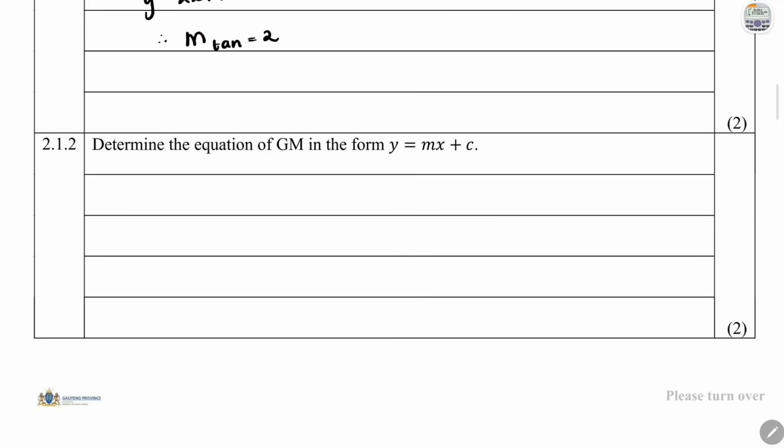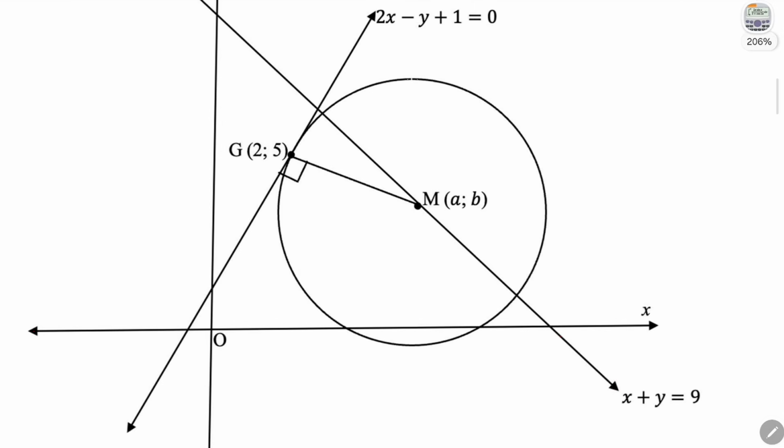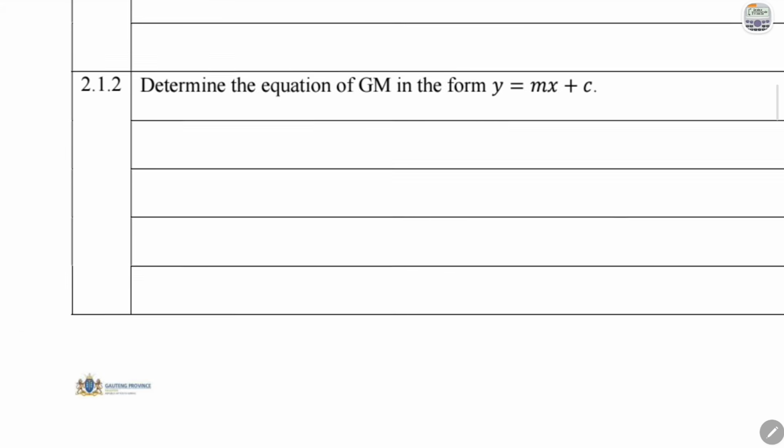The next question, 2.1.2, says determine the equation of GM in the form of y equals mx plus c. So what is the equation of GM? Well, we have the gradient of GM and we have a point on GM. So we can find the equation of this line.